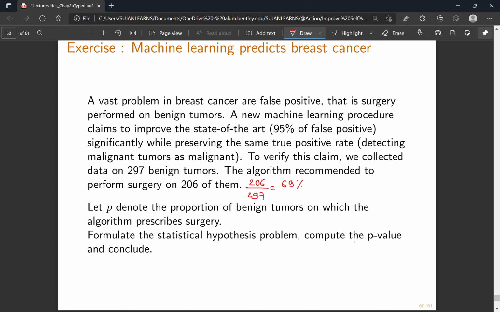For that, we need P, the proportion of benign tumors on which the algorithm prescribed surgery, and P is what we just calculated. This is P.